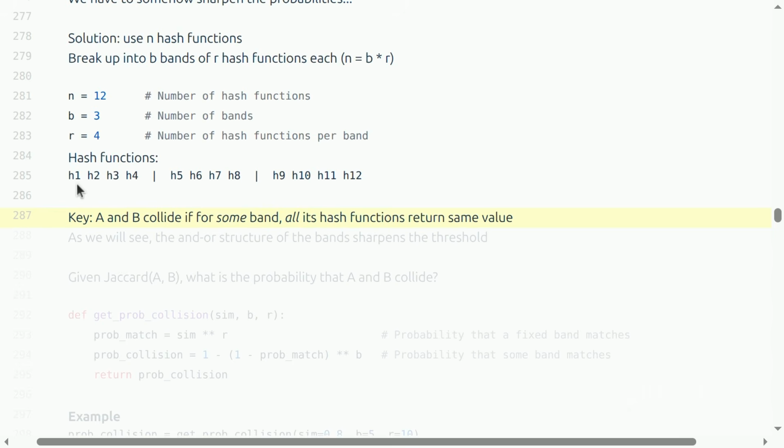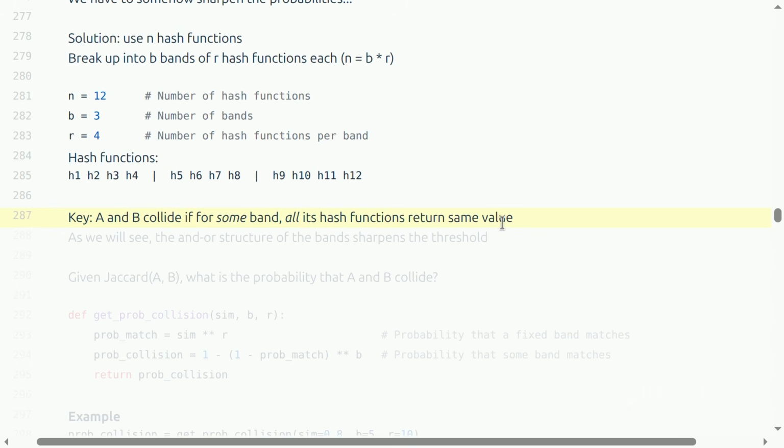Every hash function has a probability of colliding. The key here is that we want to compute the probability that A and B collide. We say that A and B collide if, for some band, all of its hash functions return the same value.